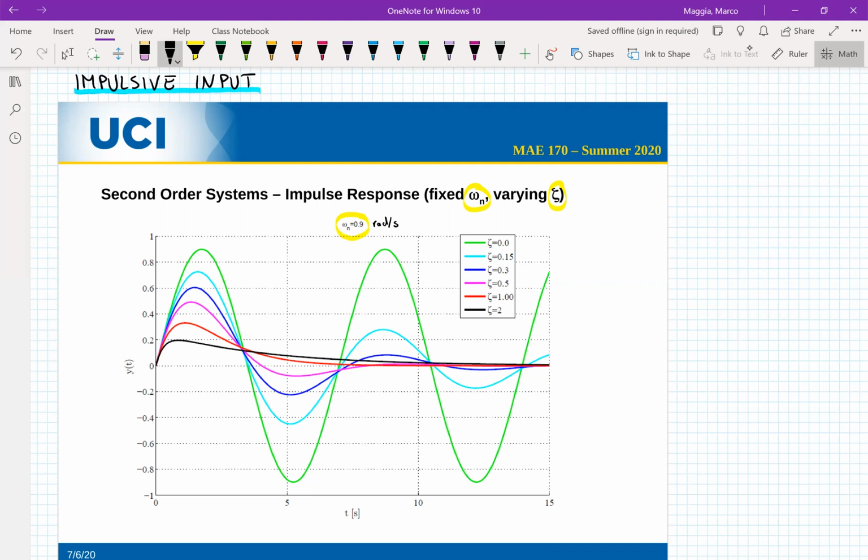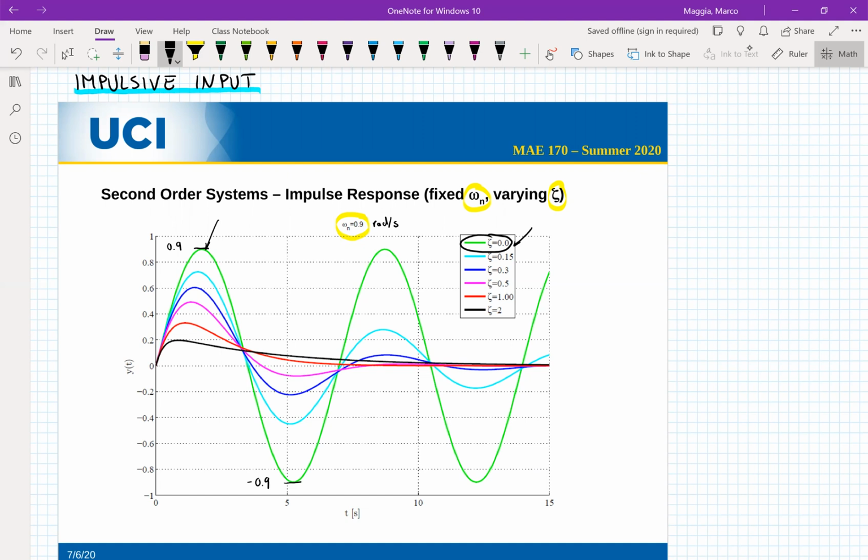And now you see that with different values for the damping ratio, you're going to find different plots. So for an undamped case, we have this light green curve. And as you see, that represents exactly a harmonic function that oscillates between plus or minus omega n. You see that it goes all the way to 0.9 for its local maximum to a local minimum of minus 0.9. 0.9 is exactly omega n.